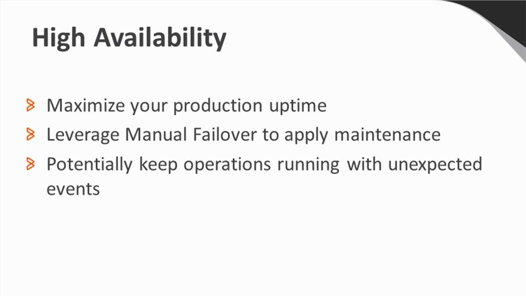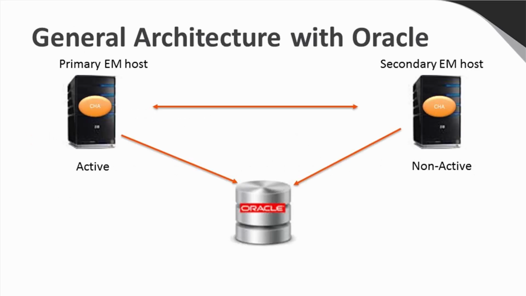Let's check out our high availability architecture. So in this slide, we see that the primary host, which would be active, is connected to the Oracle database as well as connected communication-wise to the secondary EM host, which is non-active. The Enterprise Manager Coordinator for High Availability process and utility runs on both the primary as well as the secondary host.